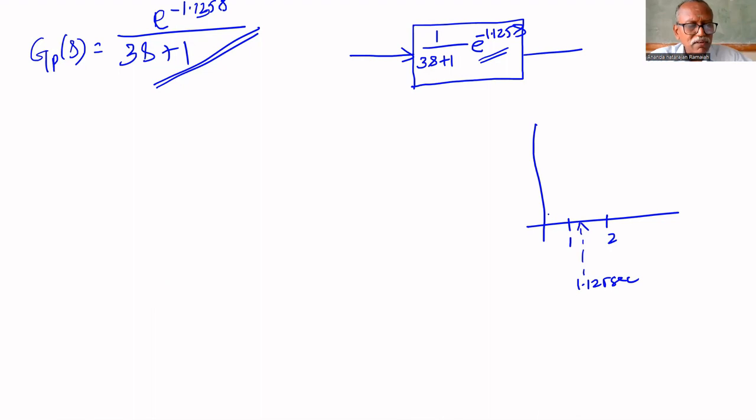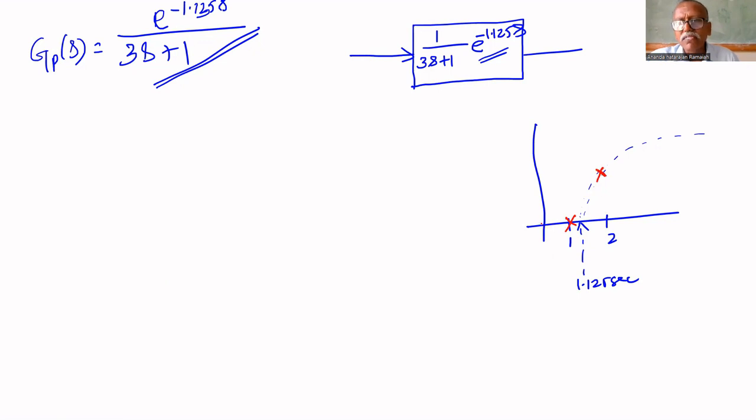In the continuous domain, the first order response will start after a delay of 1.125 seconds. But in the discrete domain, you will get 0 value, and only after 2 sampling periods will you get a value.